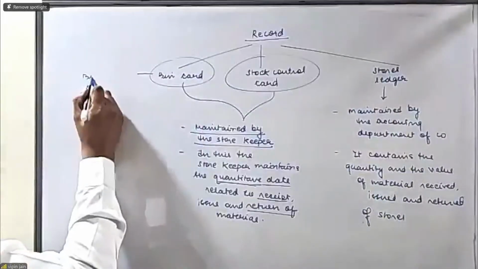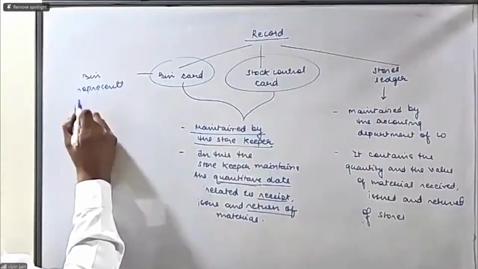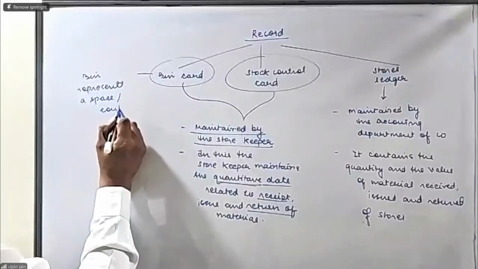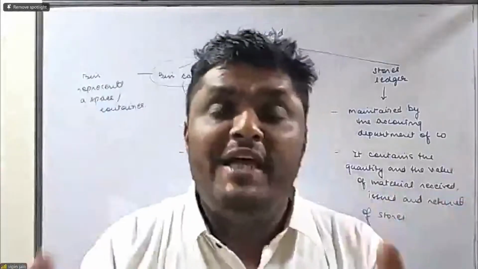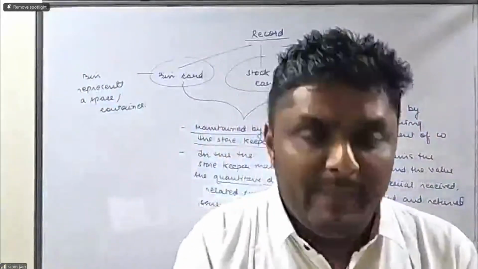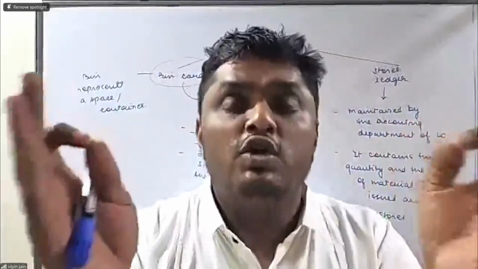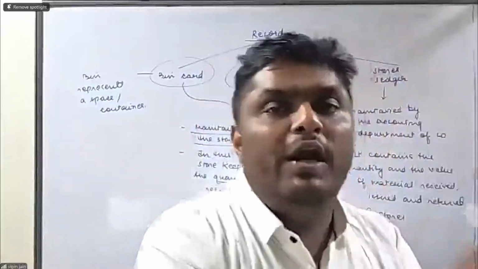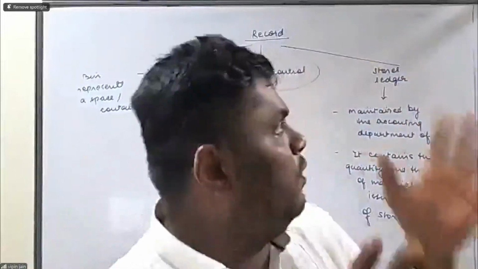Bin represents a space or a container. So in short, in that premise there are 20 bins. I have taken a premise on rent wherein there are 20 sections or 20 rooms. So 20 bin cards will be maintained. And for every room or every section, one separate bin card will be maintained. So I hope it is clear.